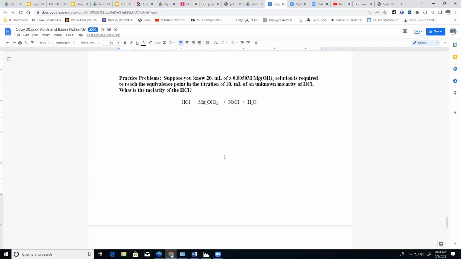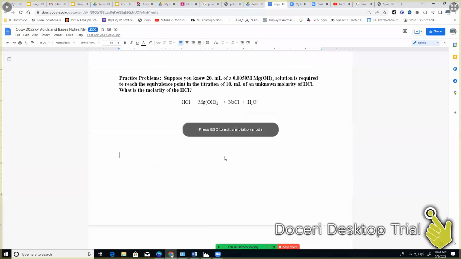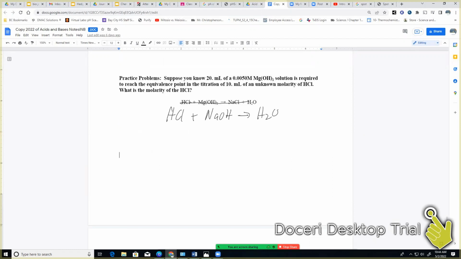First of all, let's completely scratch out that because it's not a good reaction. I don't have the same of both things on each side. So let's just do HCl plus NaOH gives me my water plus my sodium chloride. That would make more sense.